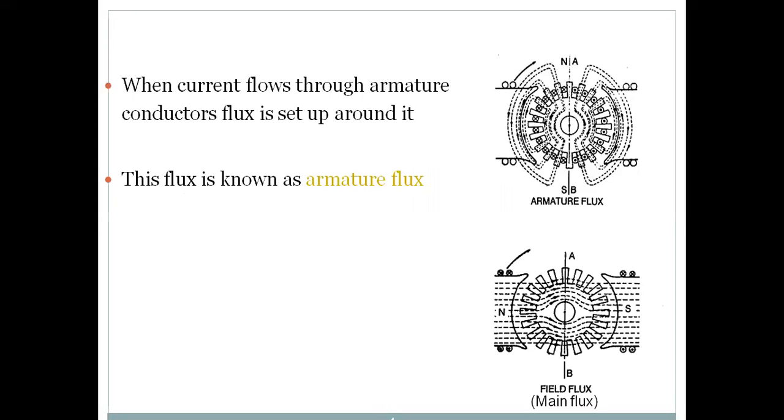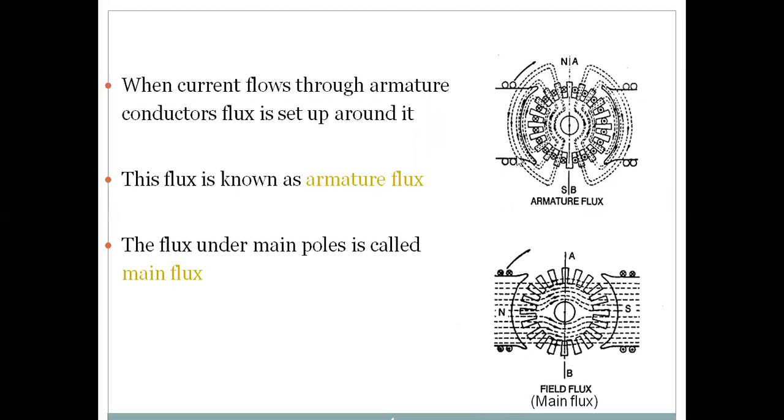Now, the next flux is main field flux. The flux under main poles is called main flux. I am explaining the two fluxes separately. When I am talking about armature flux, I am not considering main field flux.